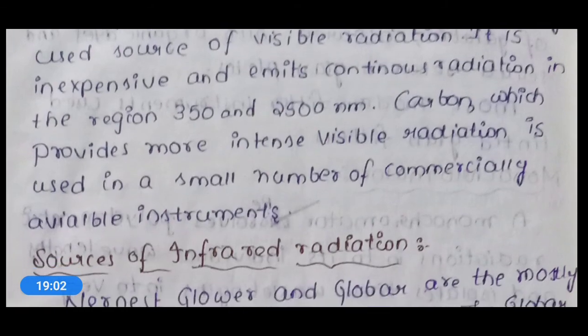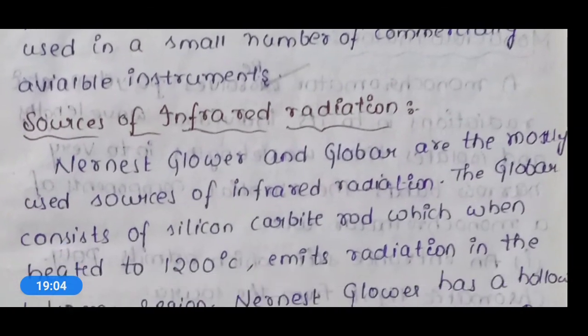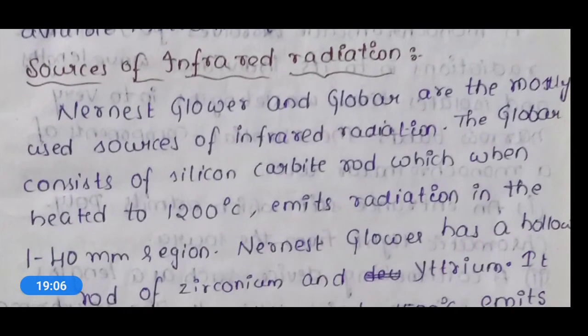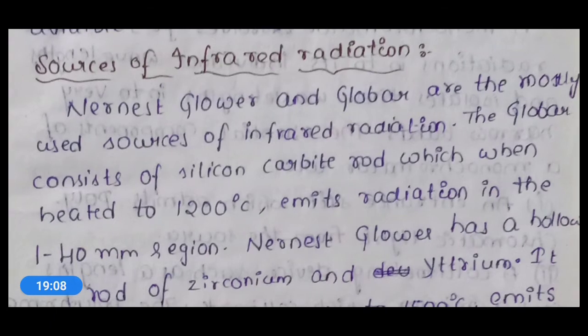Apart from this, let's also see about infrared radiation, just for your idea. For infrared radiation, Nernst glower and Globar are the most commonly used sources.